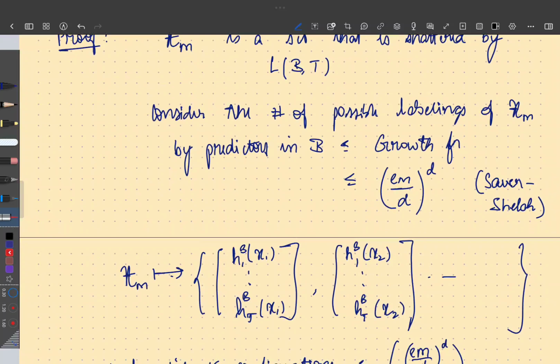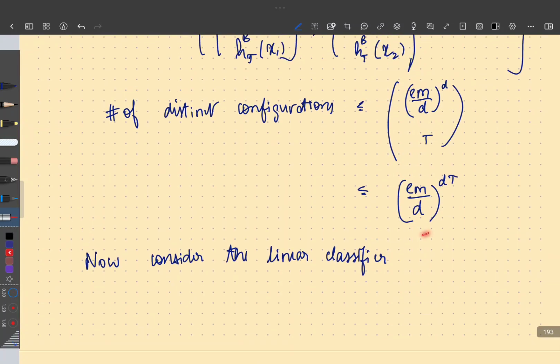So now I'll treat these two problems independently. First, I'll see how many possible configurations I can get just by varying h1 through ht. And then I'll see how many possible distinct configurations I can get by varying alpha 1 through alpha t. By varying h1 through ht, I can get these many distinct configurations.